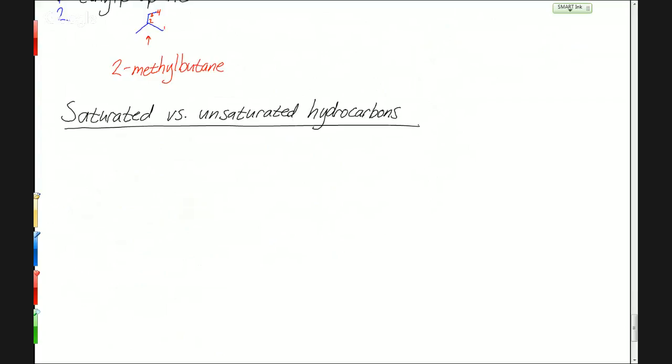These are terms that are often used to describe the structure. You may have heard them in things like saturated fats and unsaturated fats, which applies to the same thing.